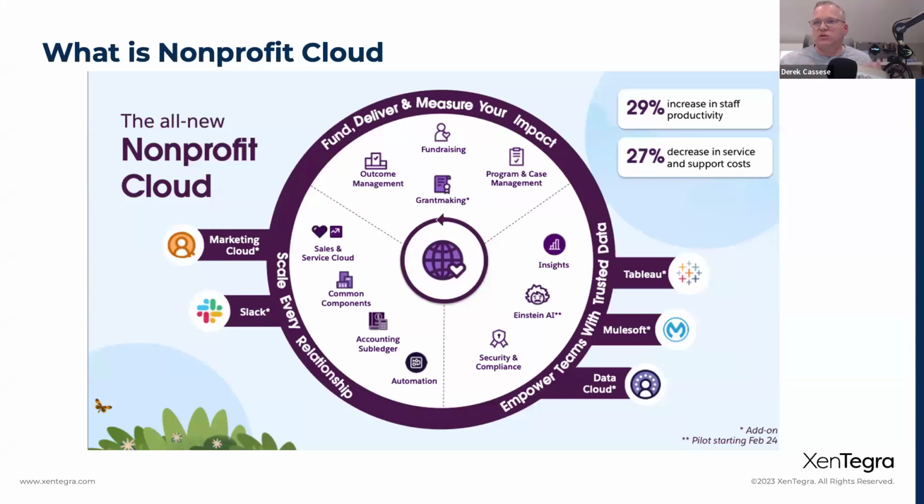And so you can start expanding upon what's delivered. One of the things they mentioned was fundraising, program and case management, outcome management. There's a lot more to what's being offered with the Nonprofit Cloud just because it's sitting on core.